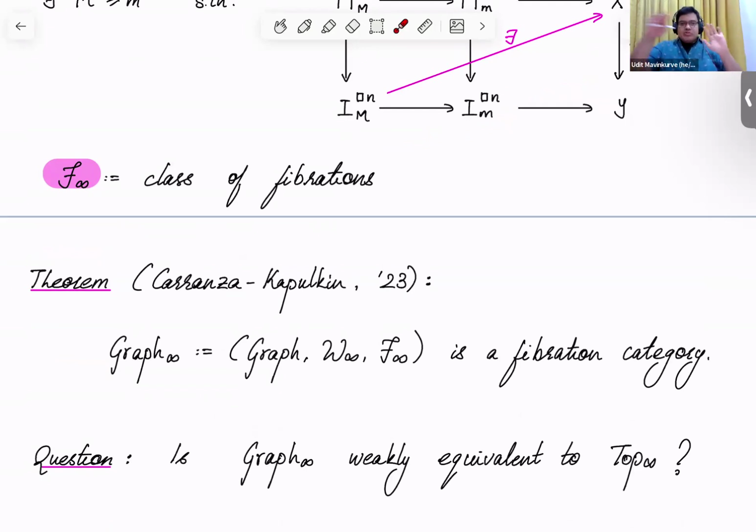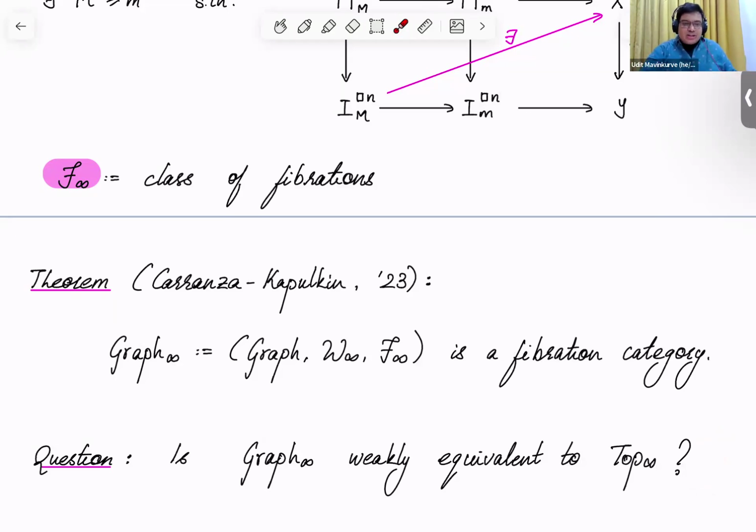That actually gives you a functor from graphs to topological spaces, and you can ask whether that specific functor is a weak equivalence. But I didn't want to define that functor, so I framed this question without describing the map. Just, are they weakly equivalent? Is there a zigzag of weak equivalences between Graph_∞ and Top_∞? And the reason we're interested in answering this question is because there are a lot of problems.